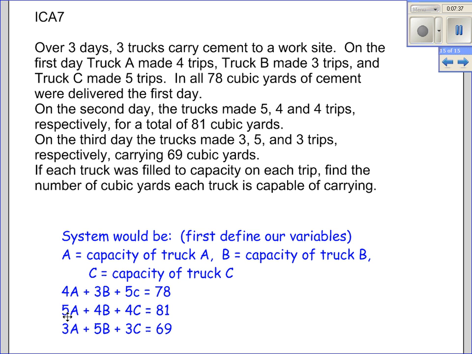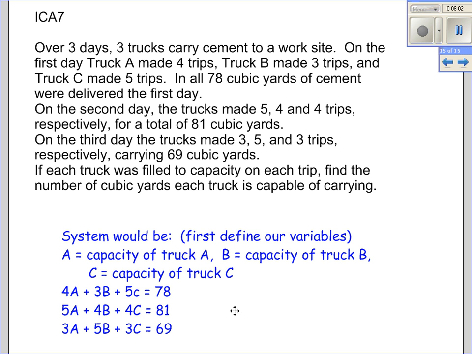On the second day, 5 trips were made by truck A, 4 trips by truck B, 4 trips by truck C, and that gave us 81 cubic yards total for the 3 trucks on the second day. And then on the third day, there were 3 trips by truck A, 5 trips by truck B, 3 trips by truck C, for a total of 69 cubic yards.